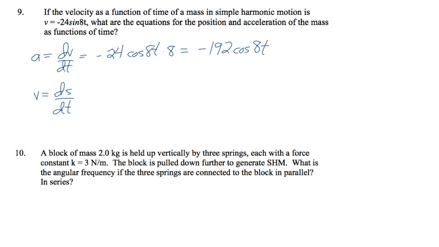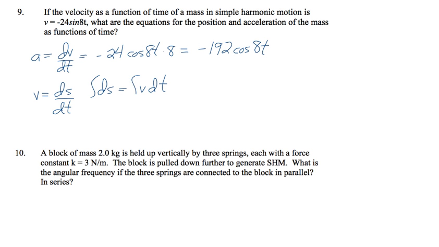That s was our symbol for displacement, so it would be the same thing as position. Since I know v and I'm looking for that, I'm going to rearrange it and write this as ds equals v dt.